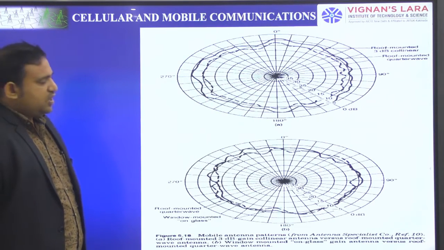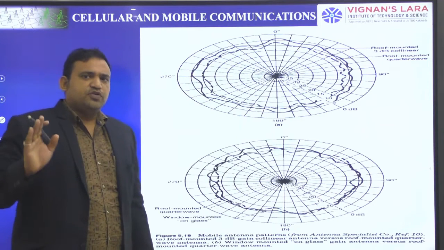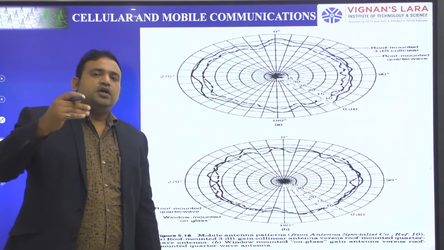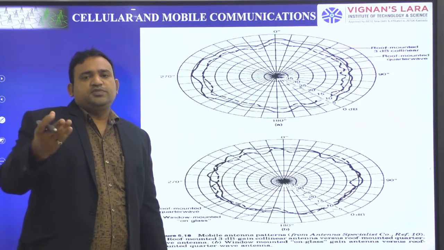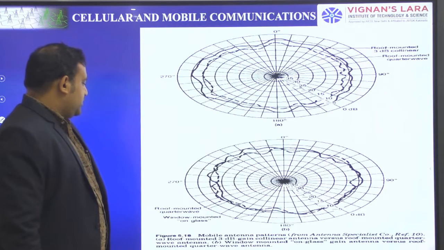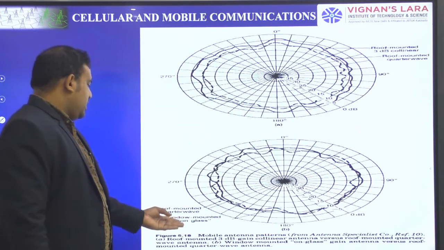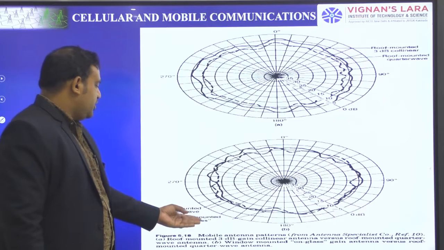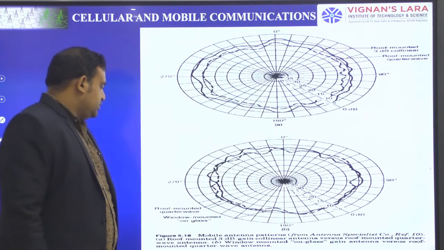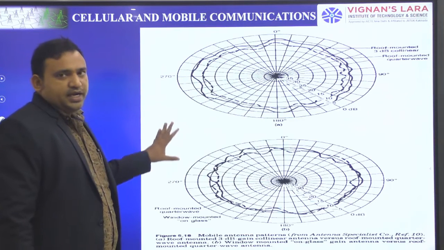Roof mounted means the antenna which is placed on the roof of the respective car or motor vehicle. The second one is with respect to a roof mounted quarter wave antenna and a window mounted, that is glass mounted, antenna. So these are the antenna patterns.